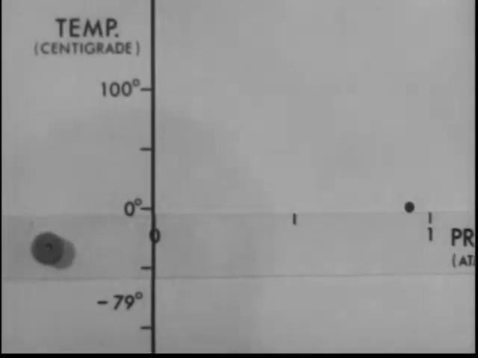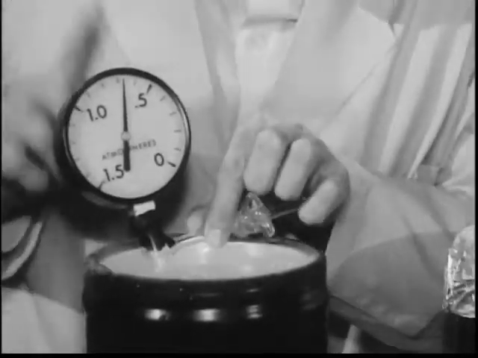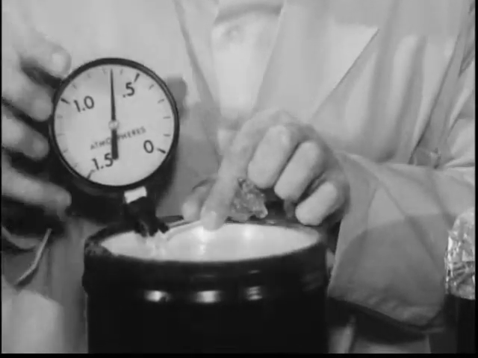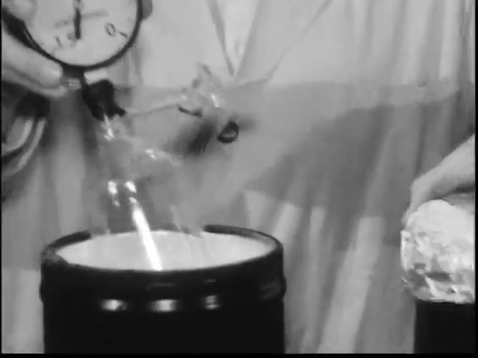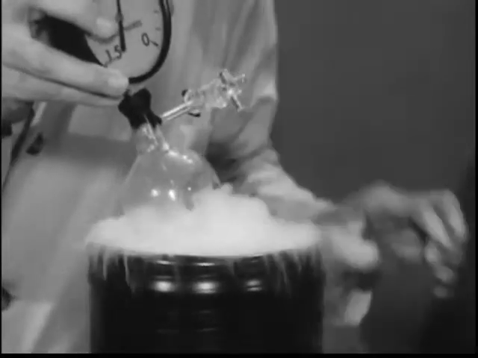Now let's check the dry ice. The pressure at minus 79 degrees is 0.67 atmospheres. Now let's try liquid nitrogen at minus 196 degrees.